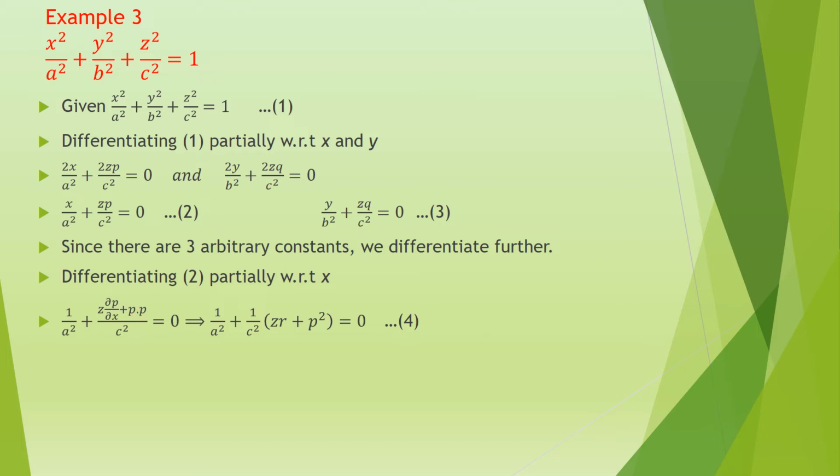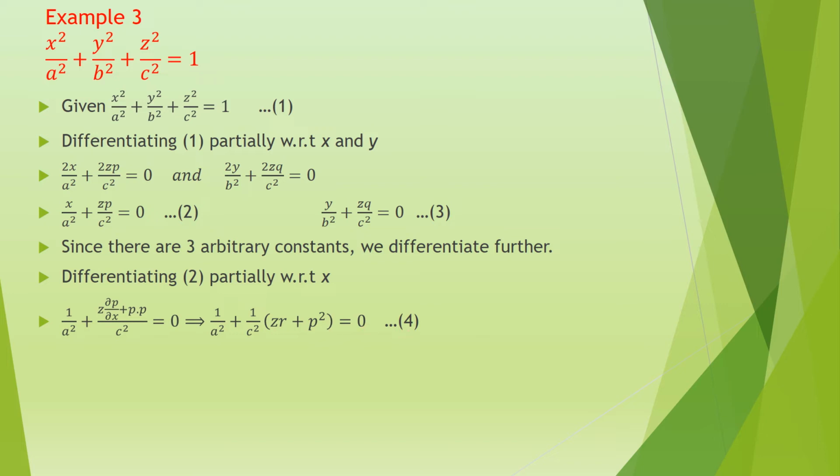Right side it is 0, so let us simplify. 1 by a square plus 1 by c square into, now we know that dou p by dou x is equal to dou square z by dou x square. Its notation is r. We already denoted r. So it is zr plus p square. p into p is p square. Which is equal to 0.